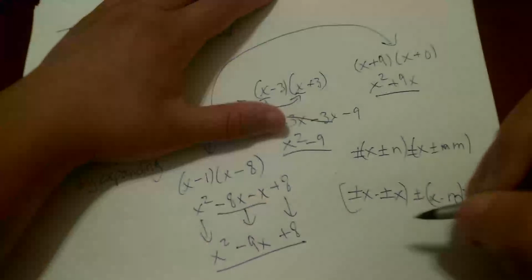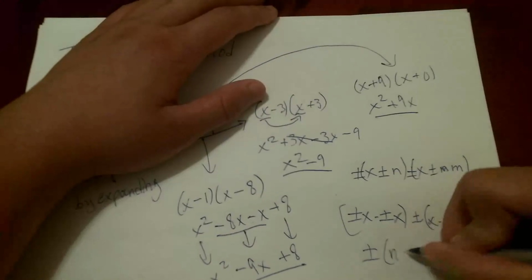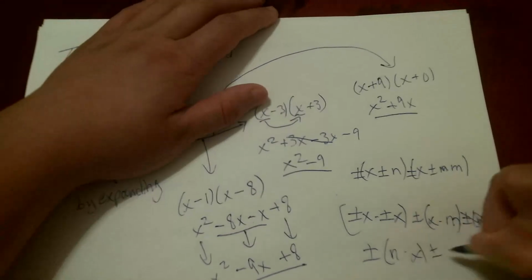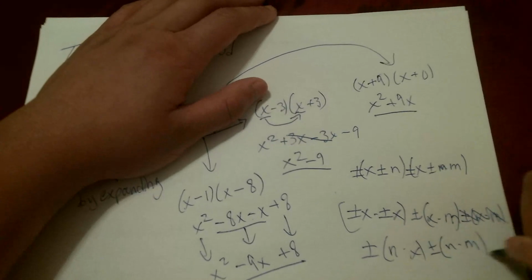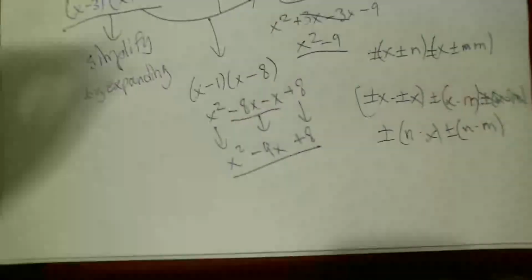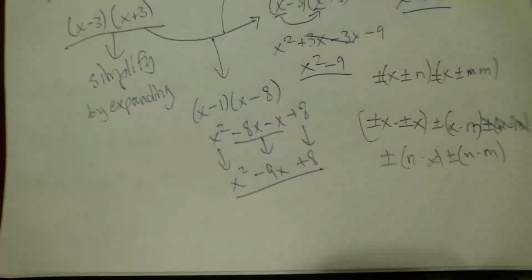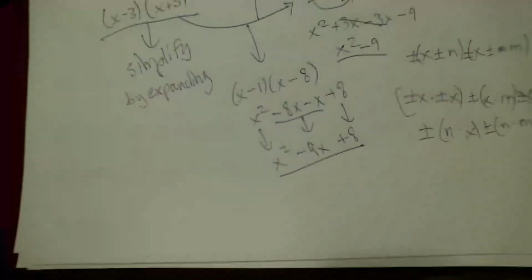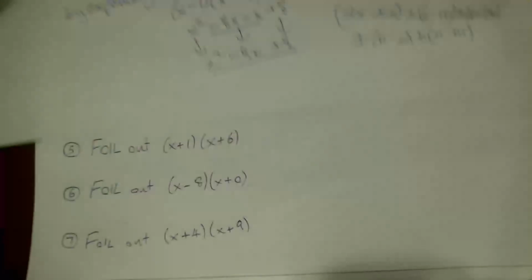And then it'll be plus or minus n times x, plus or minus n times m. So that would be what we would have there. So then let's try some problems regarding this.